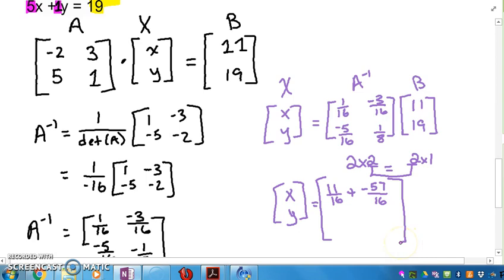So that's row 1, column 1. And in row 2, column 1, because our answer is only going to be a 2 by 1, we would get -55/16 plus 19/8.